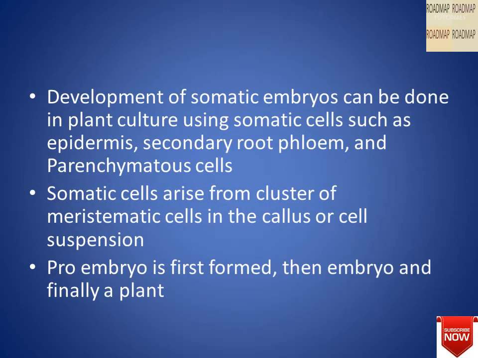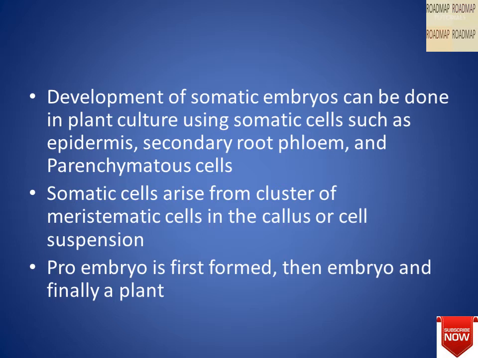Now, when we say that the development of somatic embryos can be done in plant culture using somatic cells, the question must be arising to you, which cells are used. So basically the cells which are used are the epidermis, secondary root phloem and the parenchymatous cells.